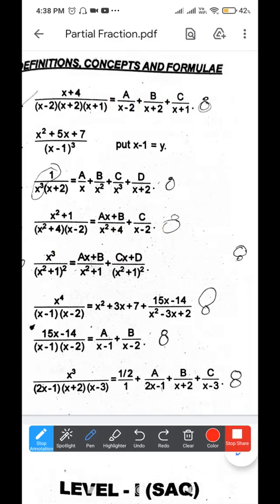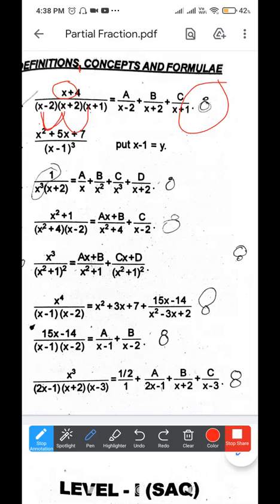Now, if the denominator is in cube, x minus 1 cube, okay, here as you can see the degree of the numerator is smaller than the degree of the denominator. It means that the degree of x is 1. But in the denominator, if I see x into x, x square, then x square into x, x cube.